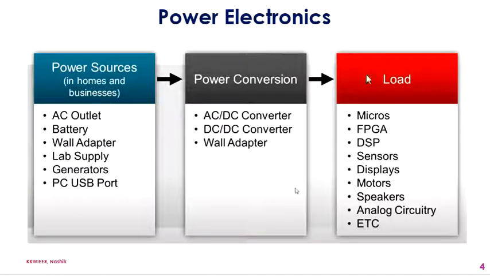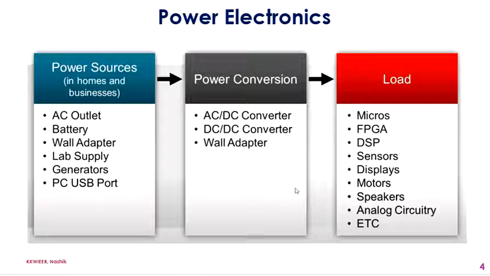It will convert the input signal according to the requirement of what is suited for this load. So it may convert AC signal to DC, DC signal to DC, that is high to low frequency, etc. So I hope you have understood the basic principle of power electronics.